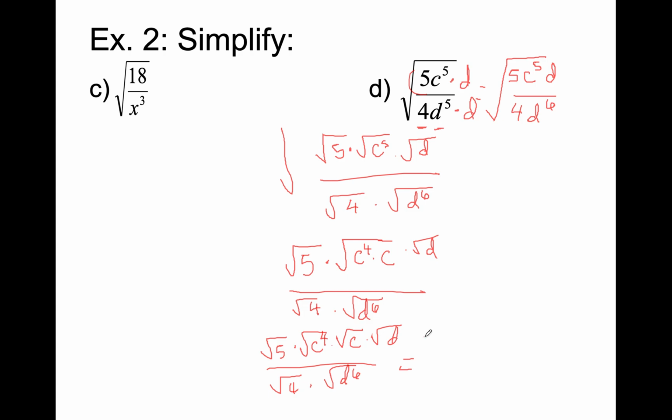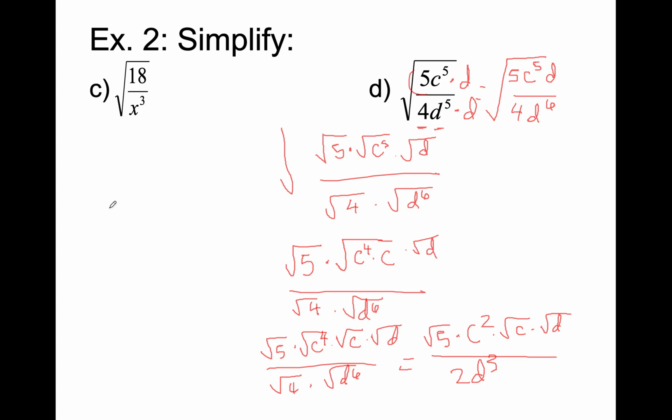Evaluating each of these radicals, I'm left with radical 5 times, radical c to the fourth is just c squared, times radical c times radical d, all over radical 4, which is 2, and radical d to the sixth is just d cubed. Now my one final step is to rewrite this.